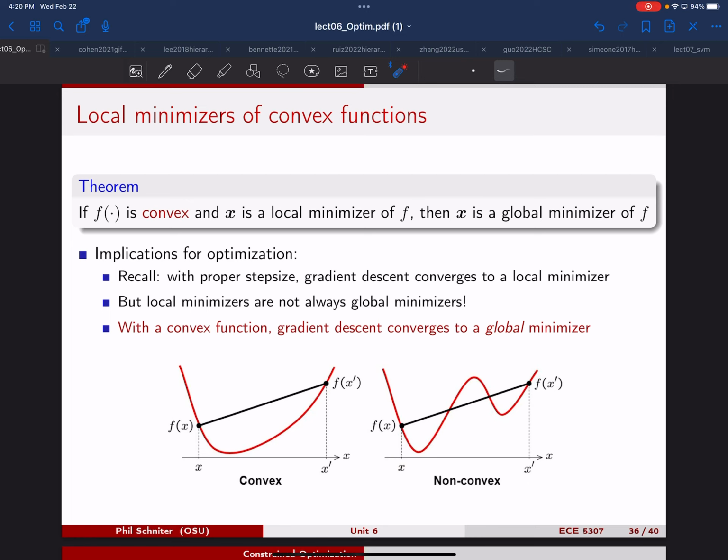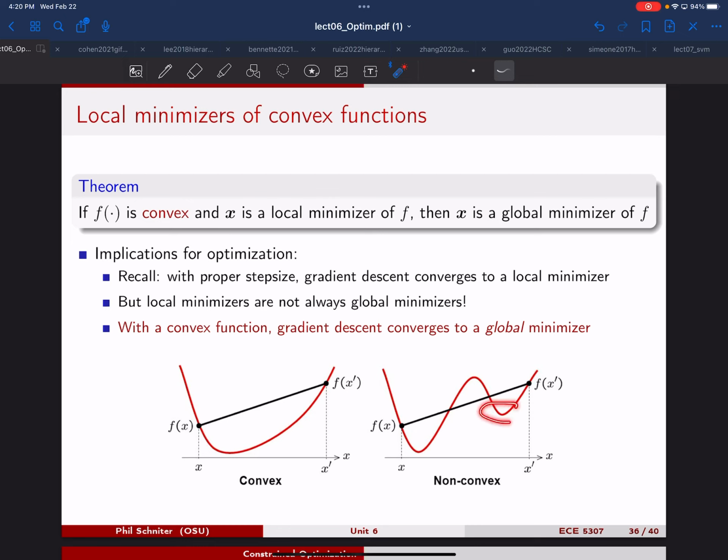It has a height that's strictly above the global one. It is possible you could have a function that's convex where you have many minima that are all equally good, but they're all global minima in that case.